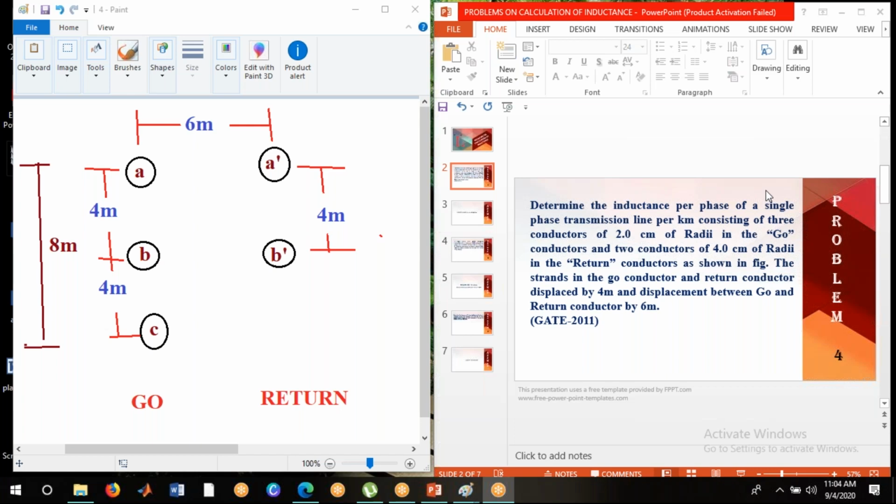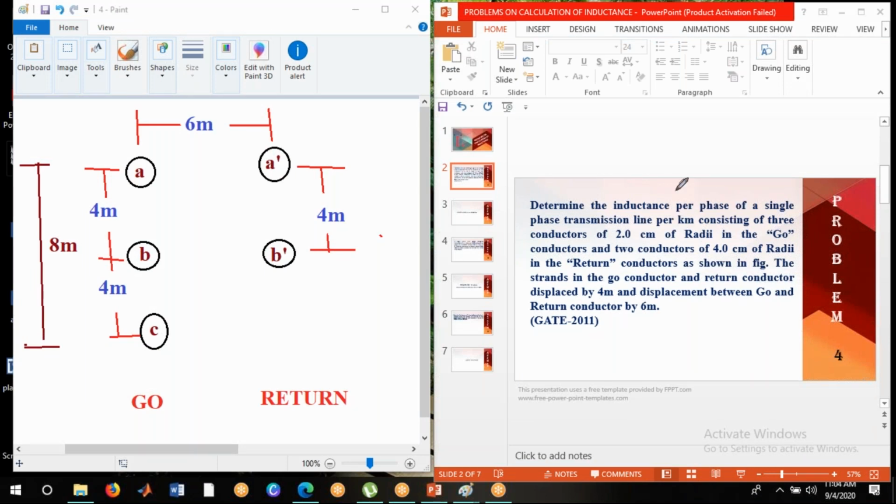So the display is showing question number one. Note down that question. This question was asked in GATE 2011. First of all, they didn't mention any diagram, so I have just noted down the sentences here. The question asks to determine the inductance per phase of a single phase transmission line per kilometer.